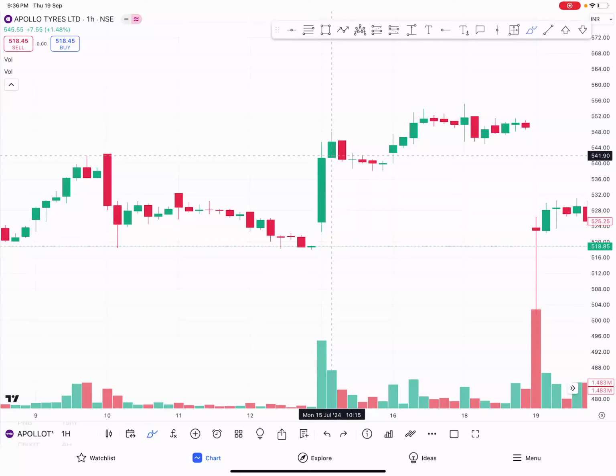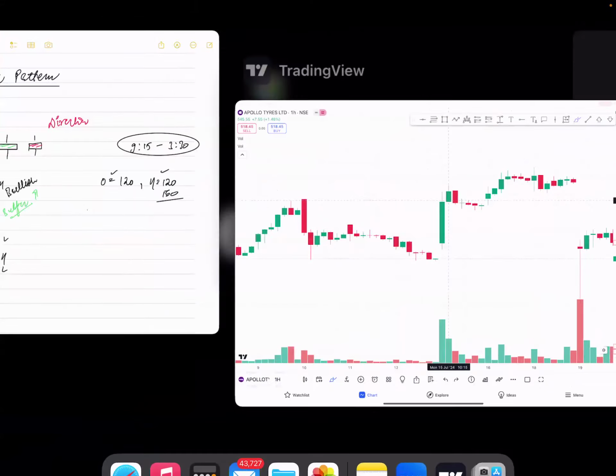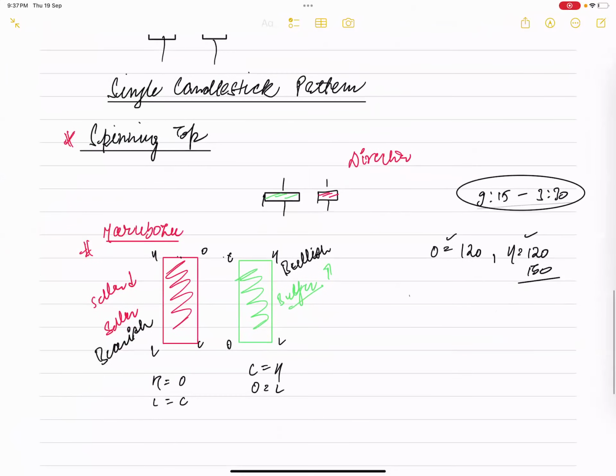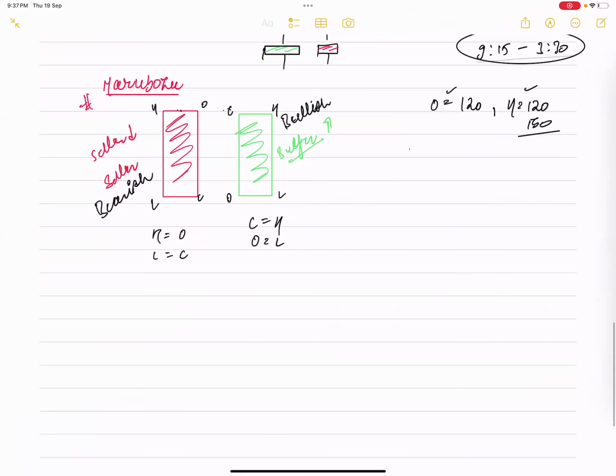If you are getting a pattern at a lower price, the entry is taken on the next day at 9:15. I'll let you know the strategies that we use, wherein we also get good returns.